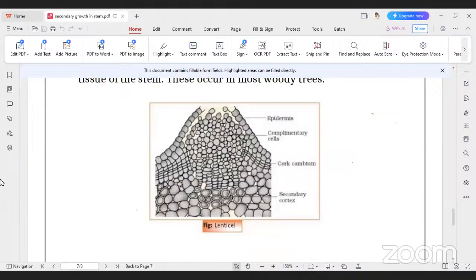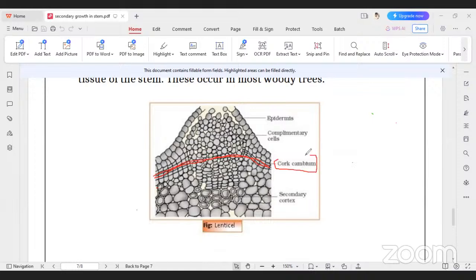This is the lenticel structure. Let's see here. Somewhere here, this is the cork cambium. The red color is the cork cambium.